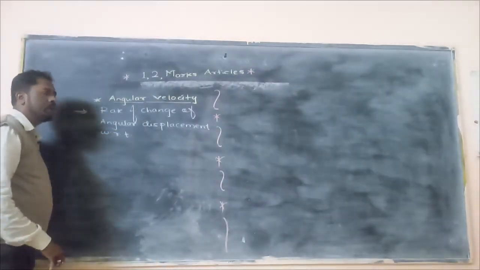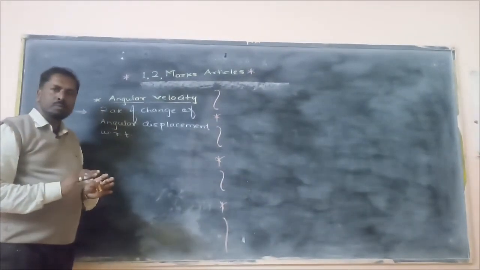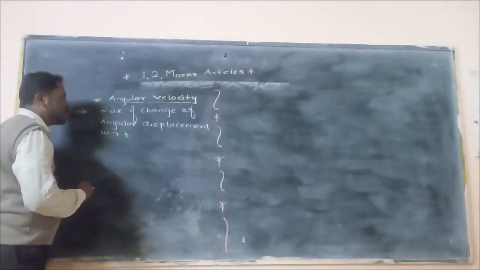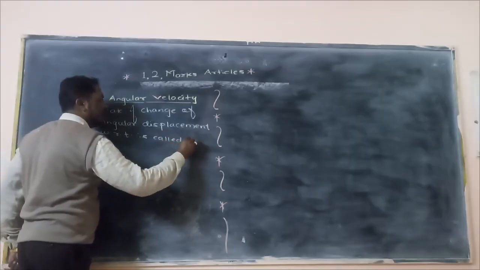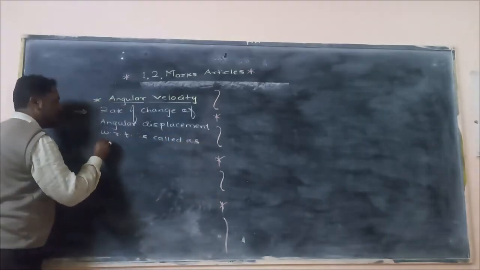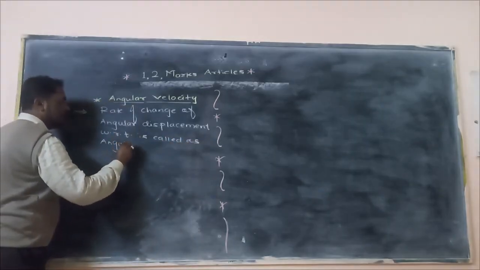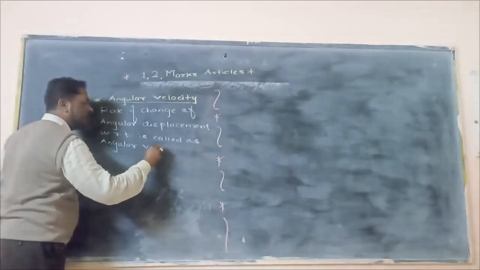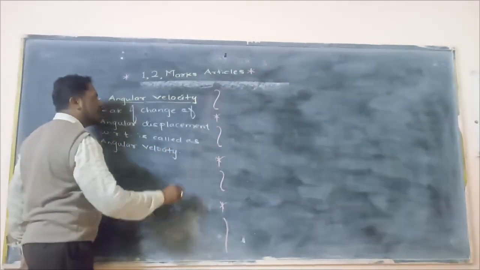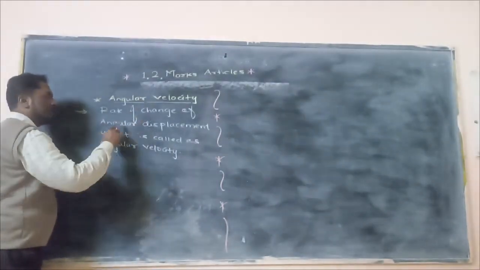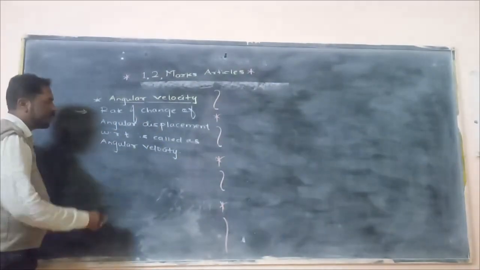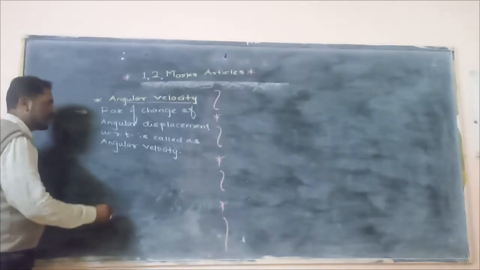The rate of change of angular displacement with respect to time is called angular velocity. So what is angular velocity? Angular velocity is nothing but the rate of change of angular displacement with respect to time.